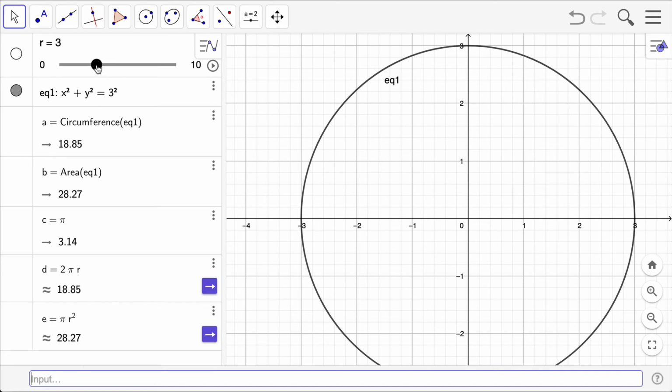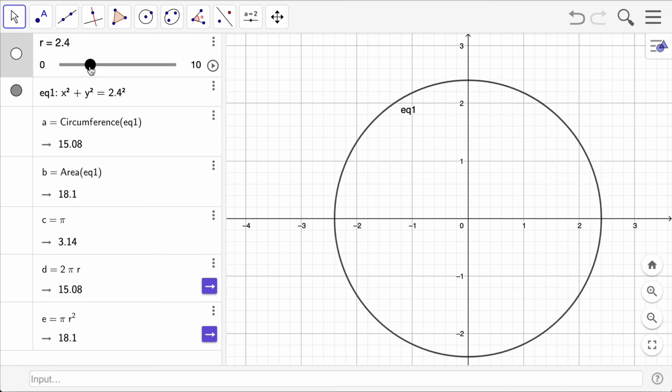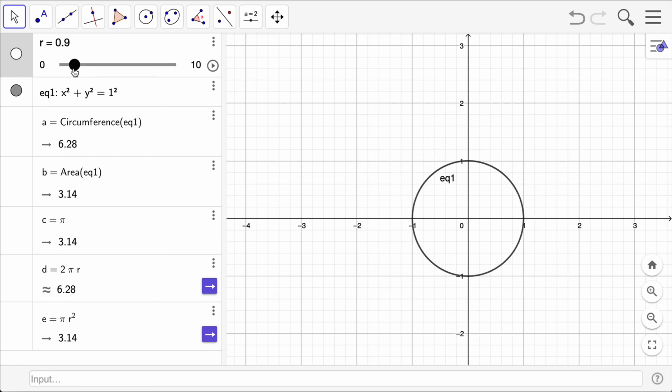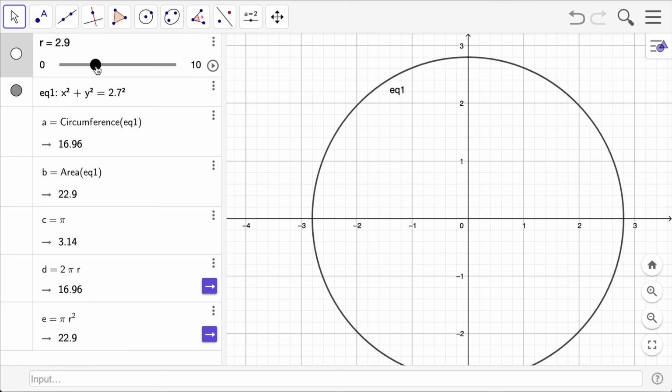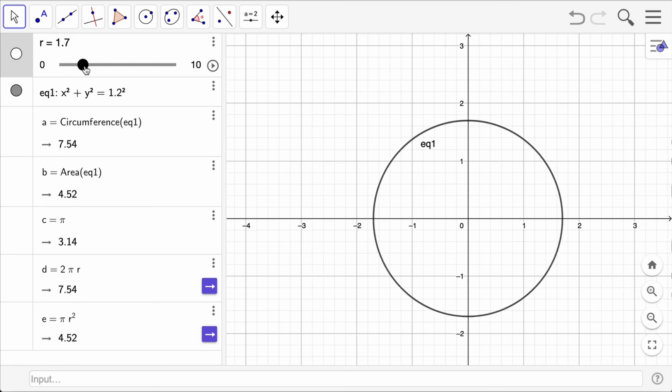And so it is. And you can tell that as I change it, that's exactly what we see, even on the smaller level. So the area gets a lot smaller more quickly than the circumference. And then as it gets larger, the area gets much larger more quickly than the circumference.